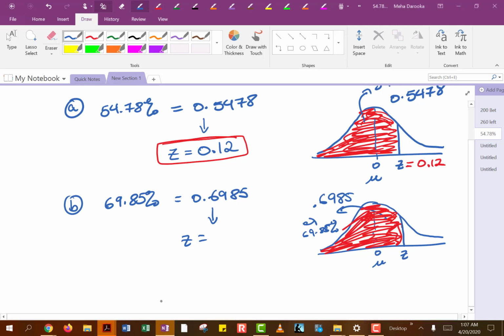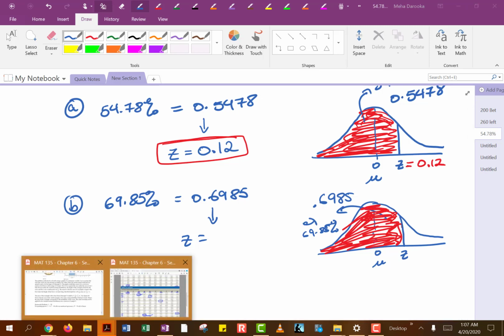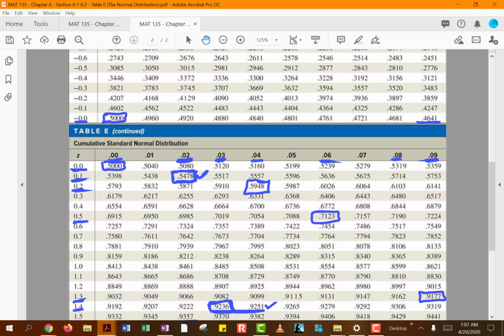Okay, so let's go ahead and see if we can find a z-score that matches 0.6985 in our table. So 0.6985, which will again be on the positive side. So let's go 0.69, okay, there we go, 6915, 6950, 6985.